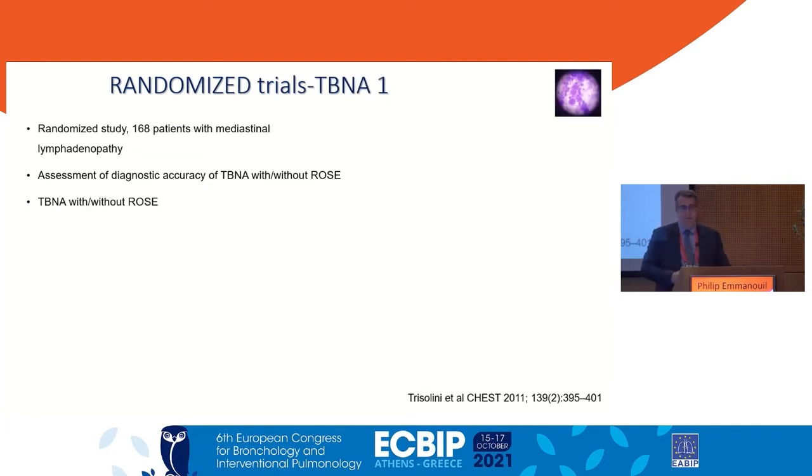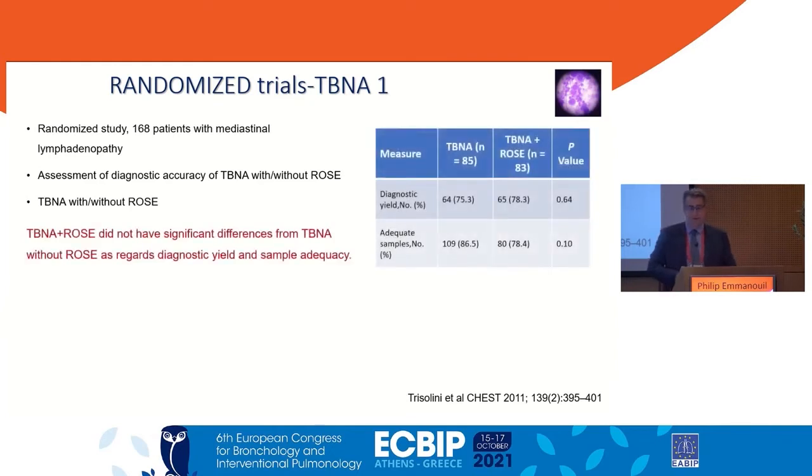But then we had a series of randomized trials which really assessed the diagnostic accuracy of TBNA with and without ROSE, and it was shown by this study from Professor Trisolini that actually the diagnostic yield was the same in both groups. So is that the end of ROSE?